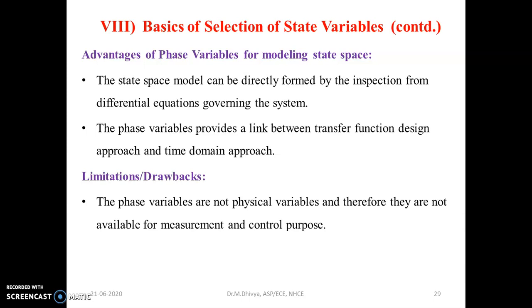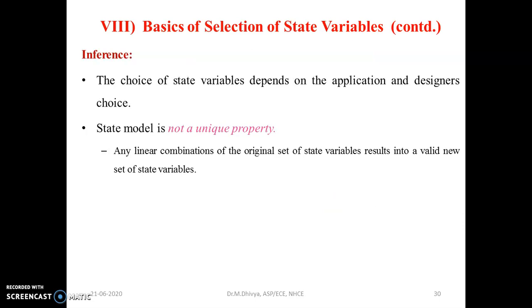Depending upon the application, one can choose either physical variables or phase variables as the state variables. The choice of the state variables depends on the application and the designer's choice. Again, we need to remember that the state model is not a unique property.